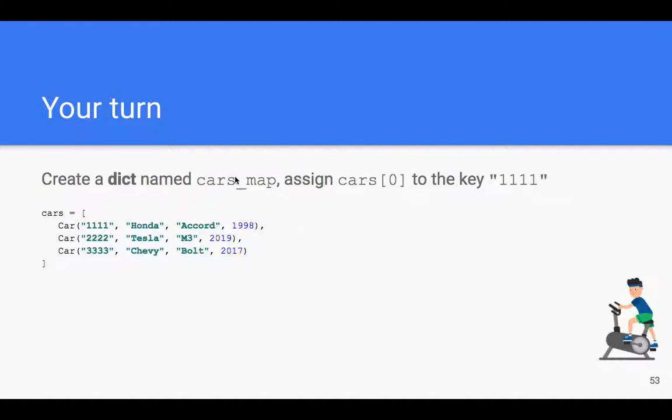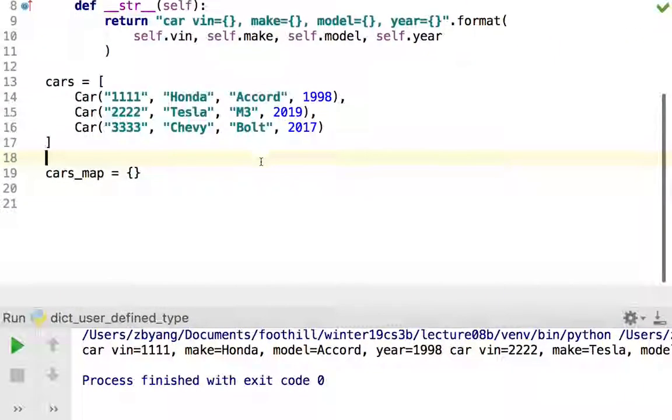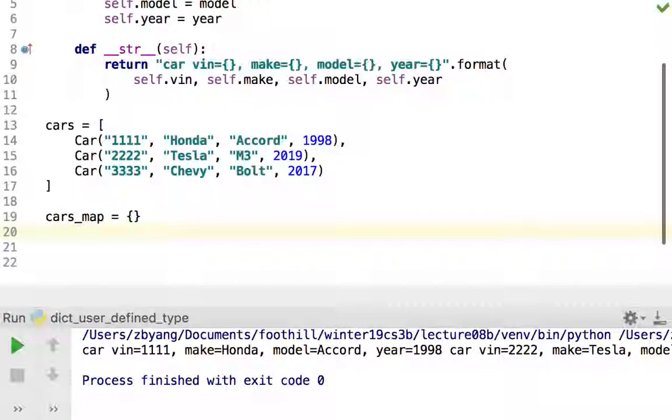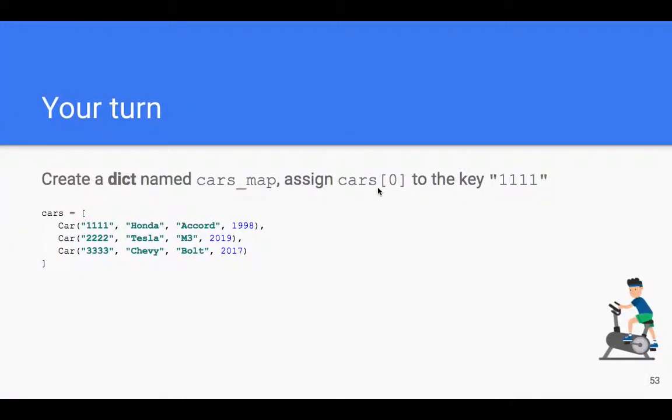Create a dictionary called cars map, and then assign cars 0, the first car in the list, to the key 1111, because that's the VIN for cars 0. Pause the video, give that a try. All right, so hopefully you got it right. I'm going to also give it a try here. We want to assign cars 0 to the key 1111.